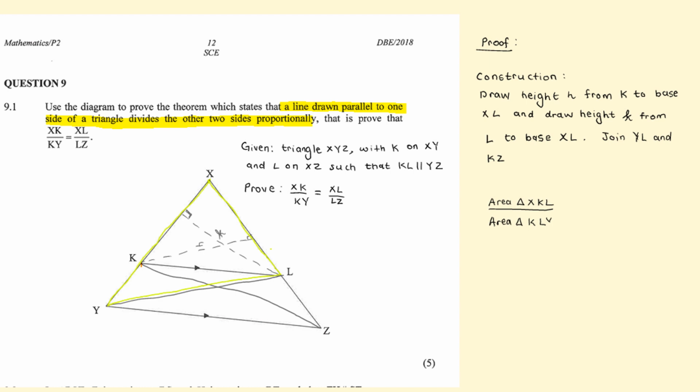This big triangle contains two triangles, XKL and KYL. Let's look at this ratio first.